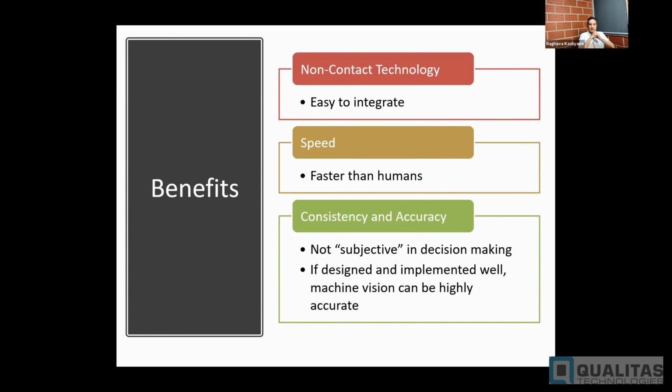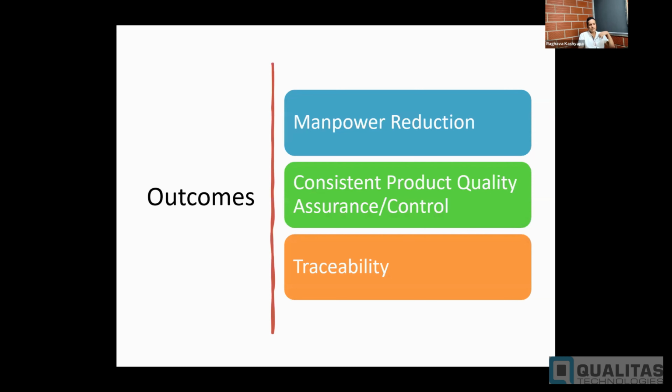But how can you use these benefits for a business outcome? What advantage can you derive with this technology? The biggest advantage or outcome that you can drive is manpower reduction. So you're reducing your dependence on humans. A large part of quality control today is being done with human workforce. You have to train the humans, you have to bring them in, they're inconsistent. If there's anything specialized, you have to provide a lot of specialized training to inspect something.